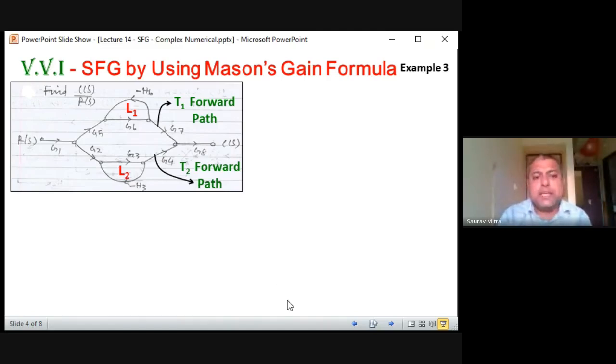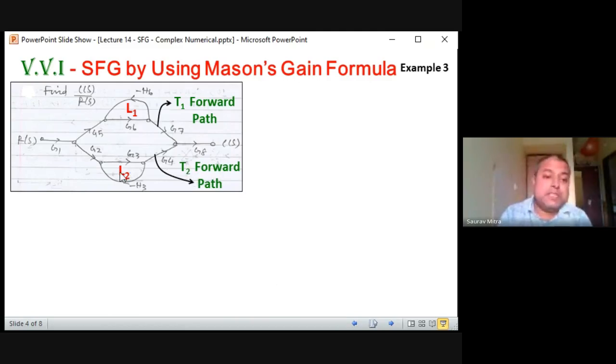So we have seen that there are two forward paths, T1 and T2, and there are two loop gains, L1 and L2. We are finding that forward path T1 is touching L1 and T1 is not touching L2. So while calculating delta 1, that is, while finding the numerator for T1, the term 1 plus L2 will come in the numerator.